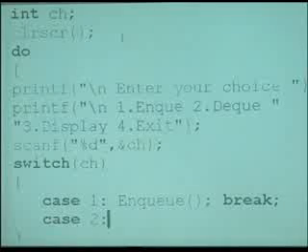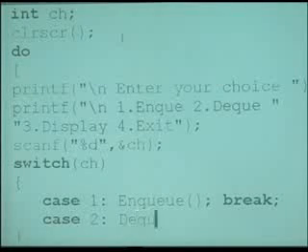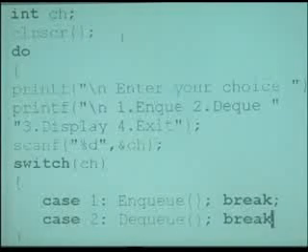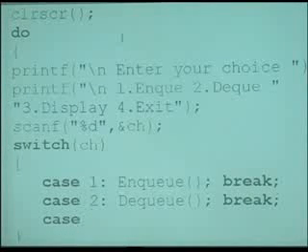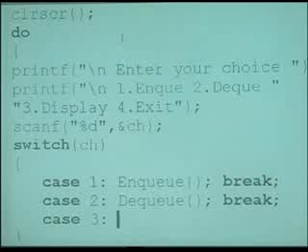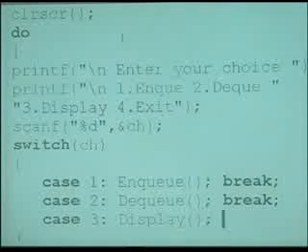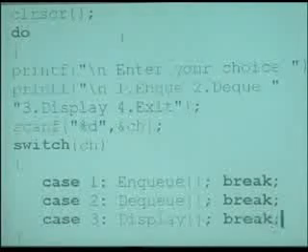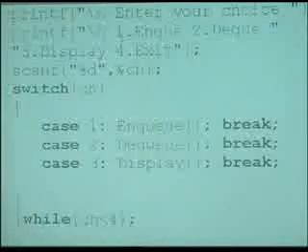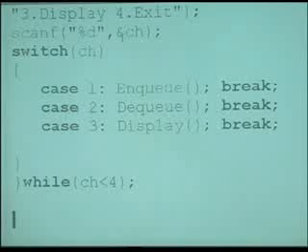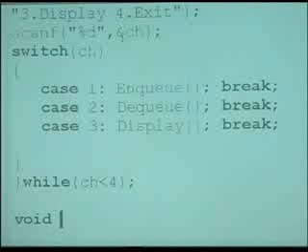If case is 2, then we jump to DQ and come out of this case, and if case is 3, then we'll display the elements. Case 4, of course, it gets exited.